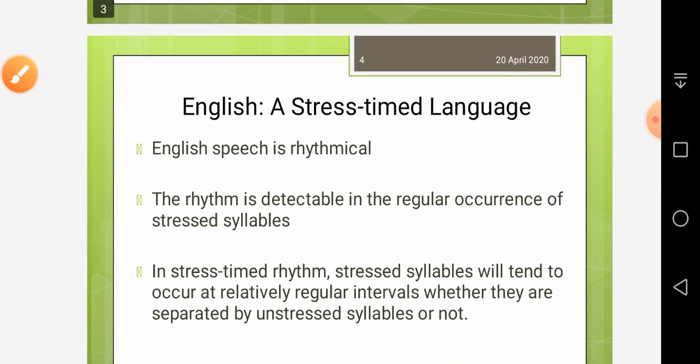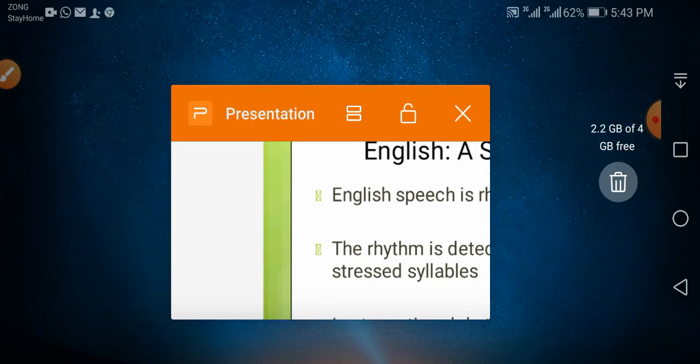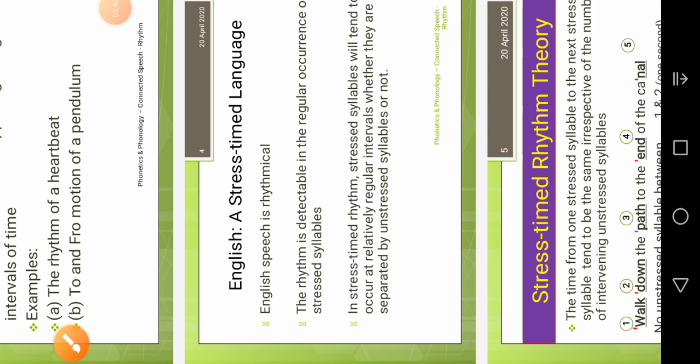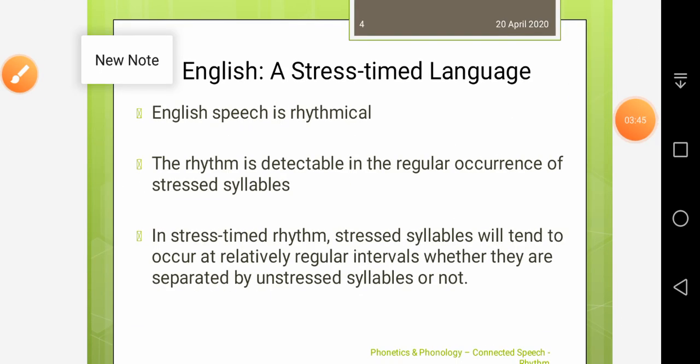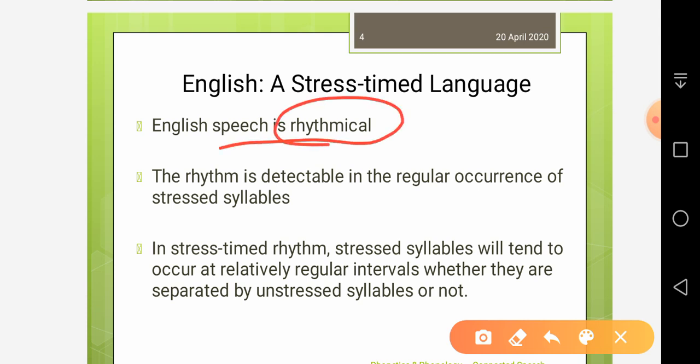Now, English is a stress time language. So English is known as a stress time language. And why? Because English speech is rhythmical. And what is rhythm in English speech? Actually, the rhythm is detectable in the regular occurrence of stressed syllables.